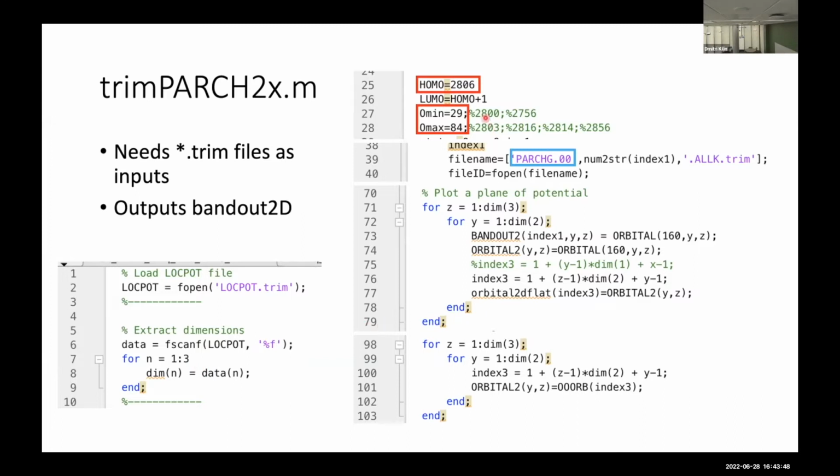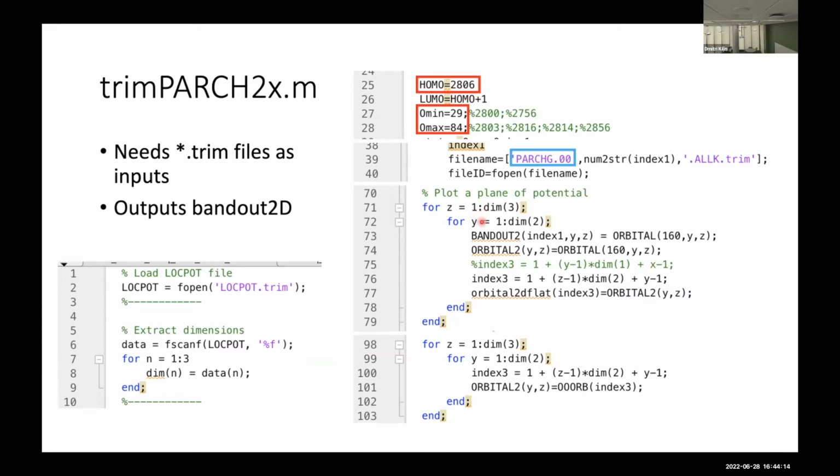So some things you need to work on or modify. You have your HOMO, OMIN, and OMAX like normal. Depending on what band you're looking on, you may have to change the number of zeros here in the parcharge, and you will have to modify several of these lines.